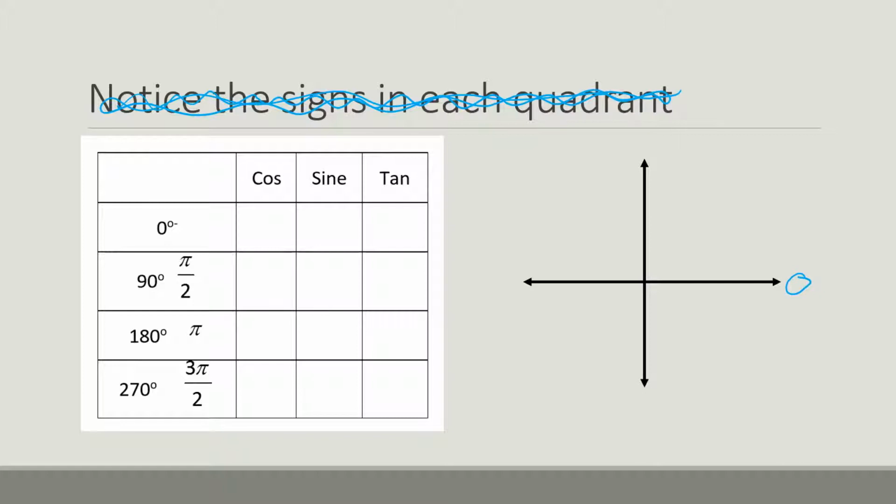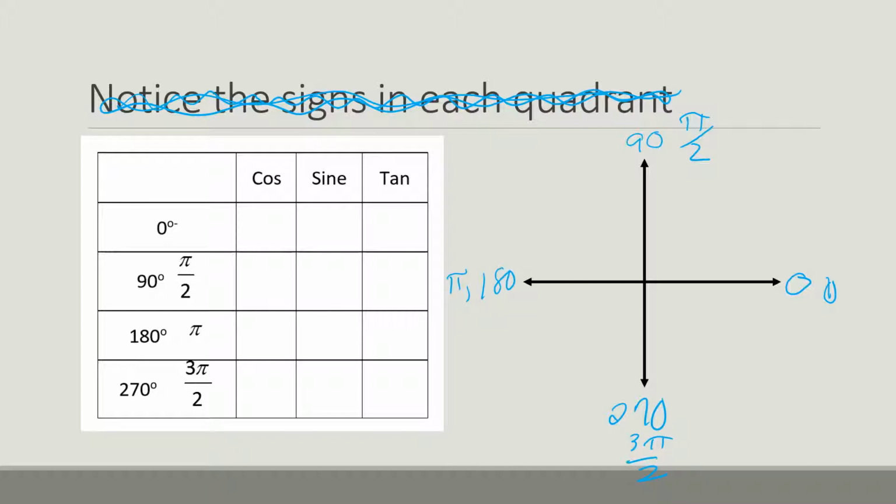I've got 0 degrees, 90 degrees, 180, and 270. Okay. So, or 0, pi over 2, pi, 3 pi over 2.